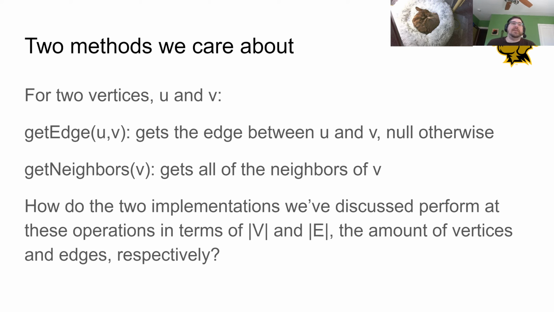And in the case of a directional graph, it would only give me the edges from u to v. Then there's get neighbors, which we give a vertex, and it will give us all of the neighbors of v.